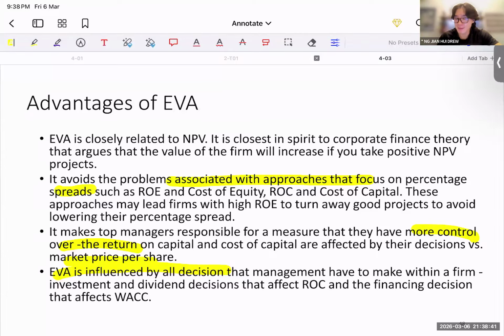Remember, we have covered 5 methods: the DDM, cash flow, and for cash flow we have two, to equity and to firm, the residual income, and last but not least, the EVA as well, right? All right. Any questions so far regarding this module, this lecture 4?